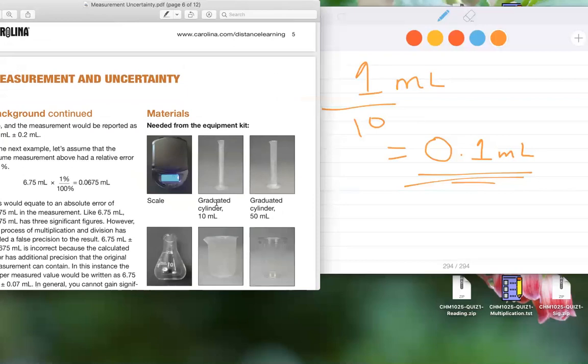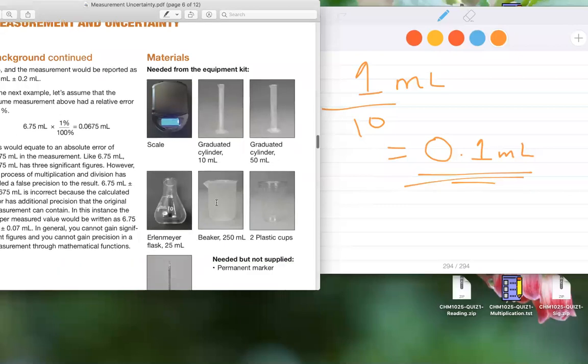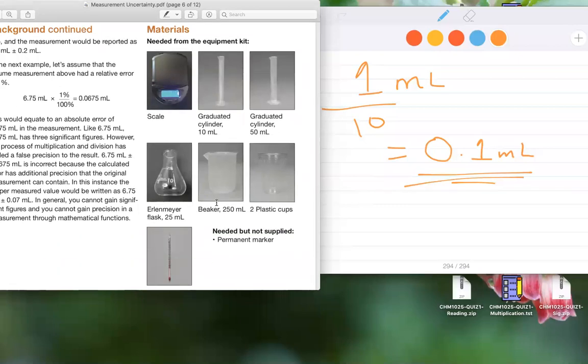Here are the materials. If you haven't received your lab kit, I'm going to take a poll later on so that we know where we are. These are the glassware you will need. Like I said, please check and make sure that the checklist they put in the box has everything they are saying it has.